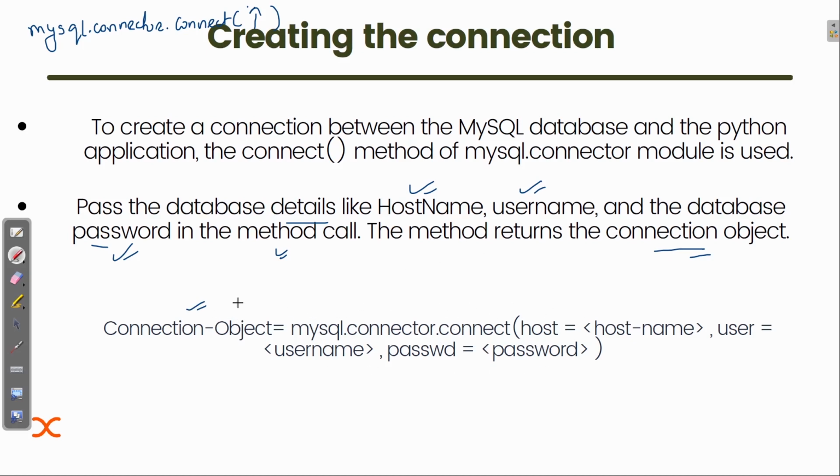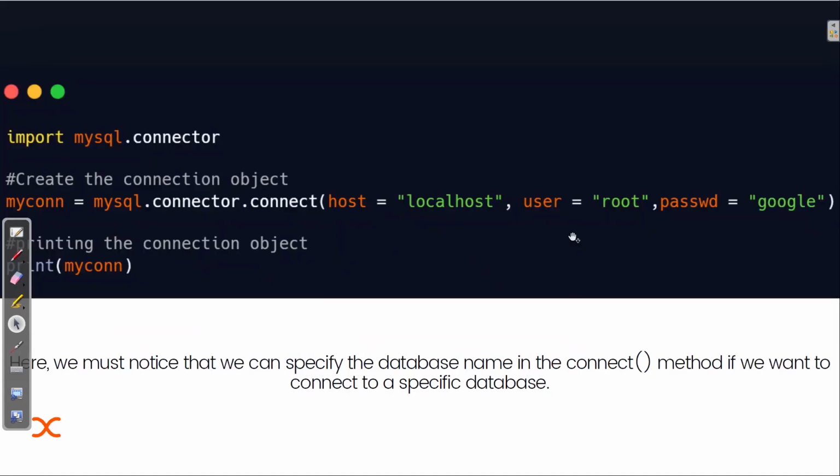The basic format is the host name, username, and then the password, and this will be stored in our connection object. If you print it, you will see an object reference, which tells you that your connection object has been created.